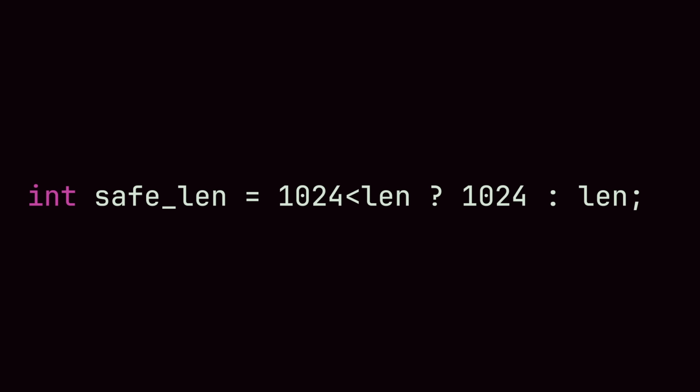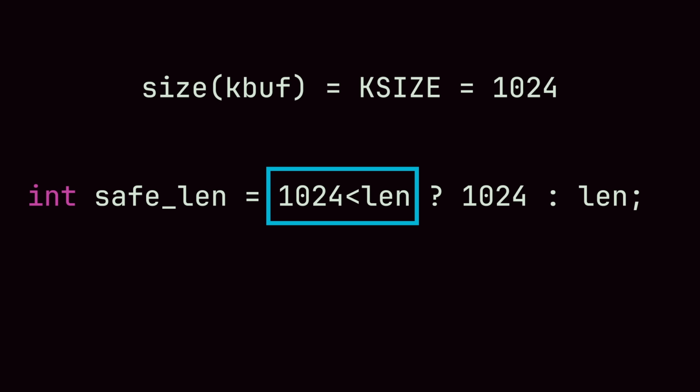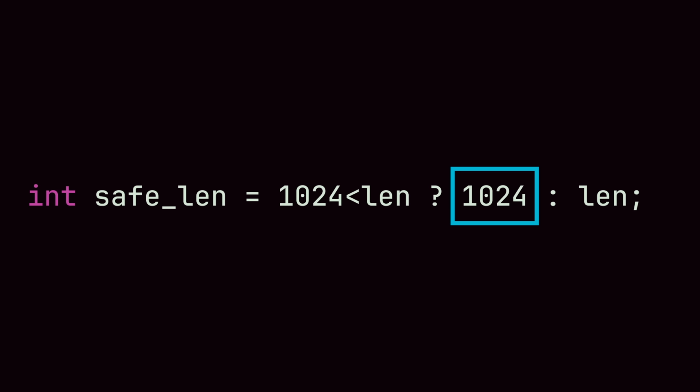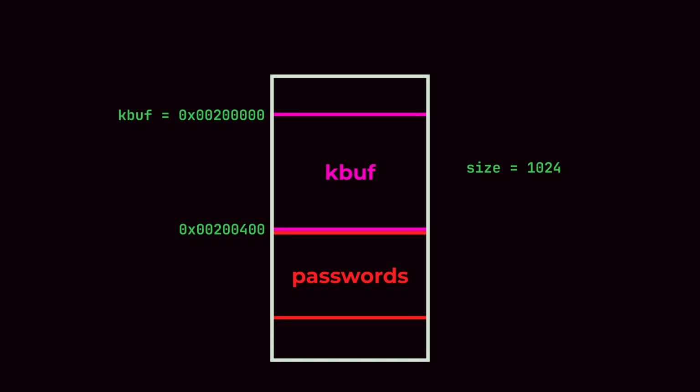When the user provides a size, this part checks whether the provided size is larger than the size of kbuf. If it is, it stores the maximum size that is allowed to be copied in safe_len, which is 1 kilobyte, so the size of the entire kbuf region.